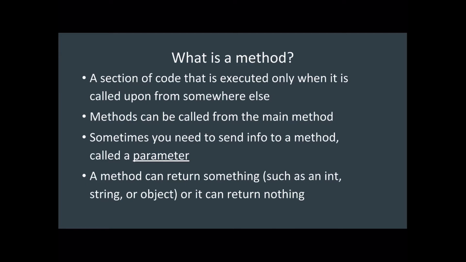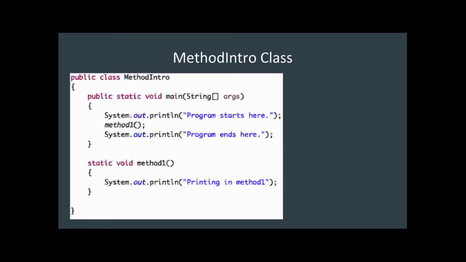They're only going to run when you specifically tell them to. It helps to organize and keep your main method from being super cluttered. If there's something that you want to do specifically, you write it in an organized fashion, and your main method just has one line to call that. But that is the basic idea: it's just a small section of code that does something very, very particular.